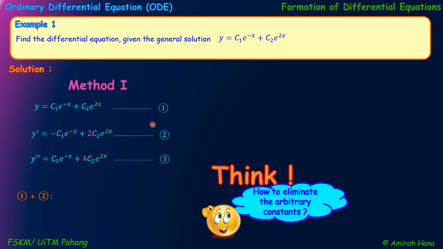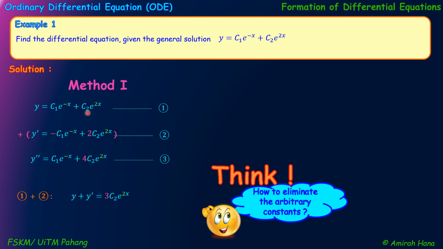So we add equation 1 and equation 2. On the left hand side, we get y plus y prime. Then c1 e to the power of negative x plus negative c1 e to the power of negative x means c1 e to the power of negative x minus c1 e to the power of negative x, so we get 0.